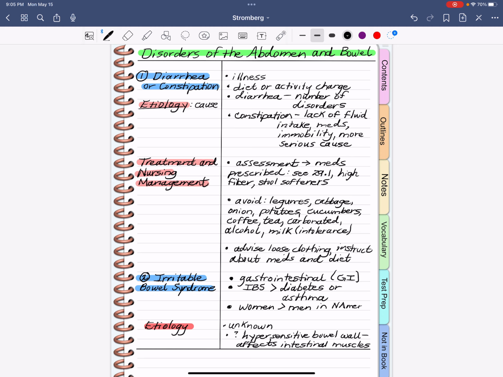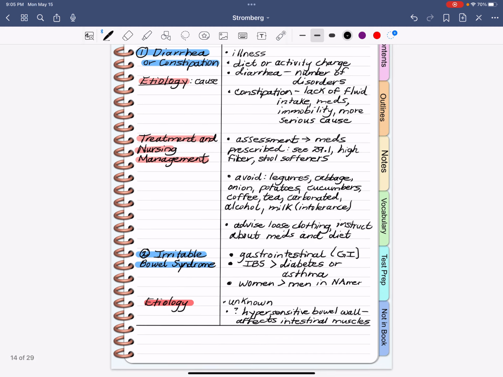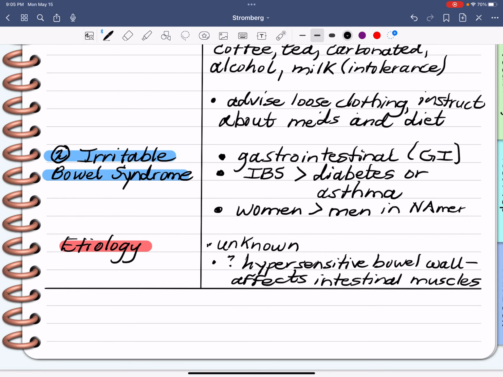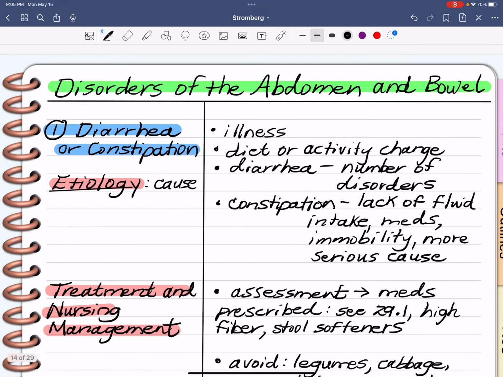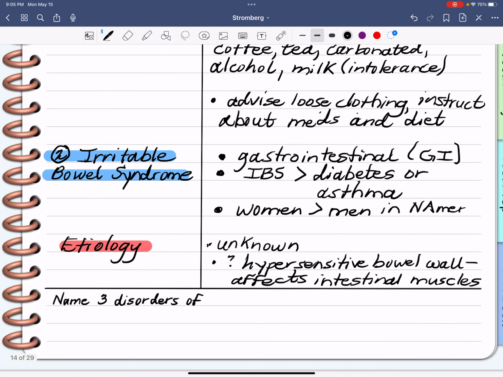So at this point, here's a question. Name 3 disorders of abdomen and bowel. Now, I don't write the answers.